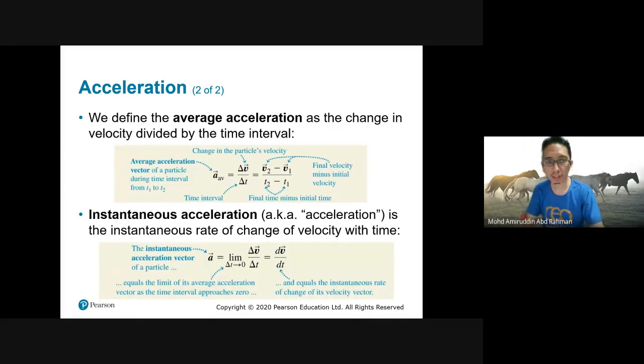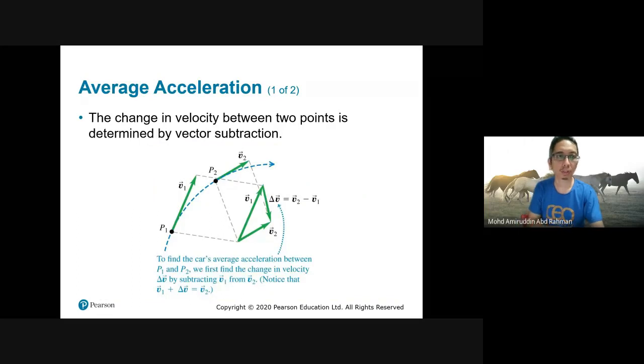And the instantaneous acceleration is dv, where v is the velocity vector, divided by dt. So that's about the average acceleration and the instantaneous acceleration.